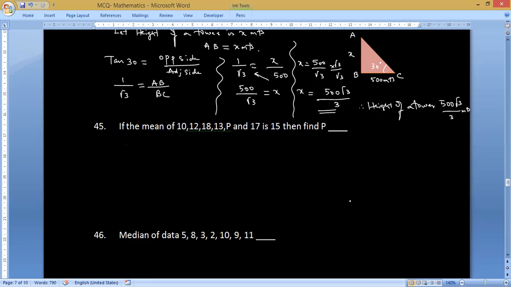The next question is, if the mean of 10, 12, 18, 13, P and 17 is 15.